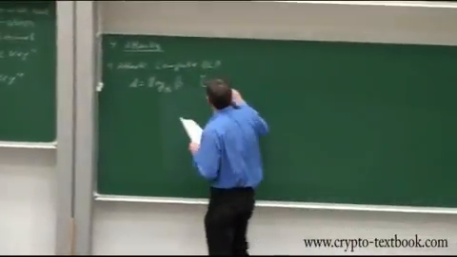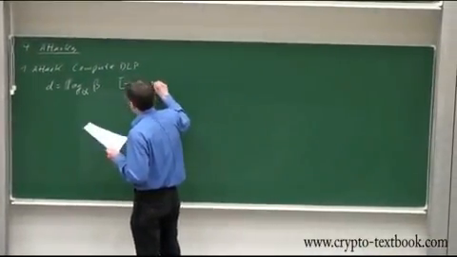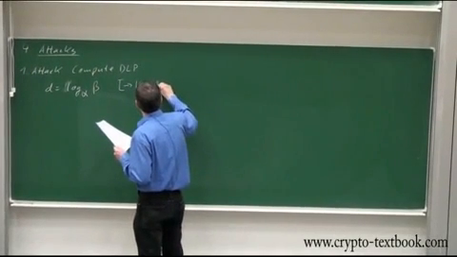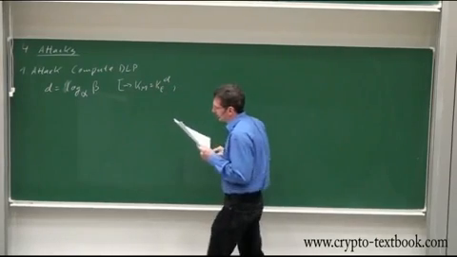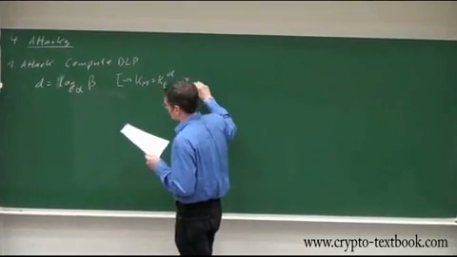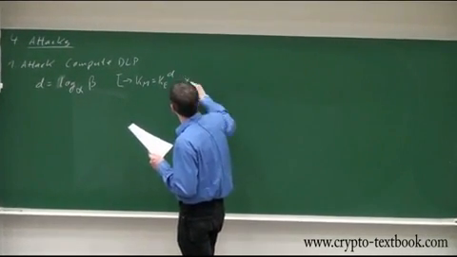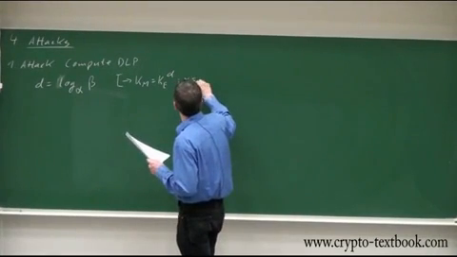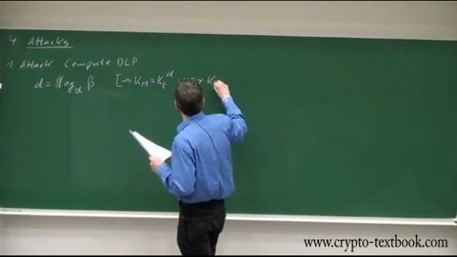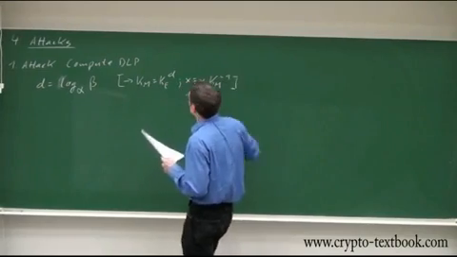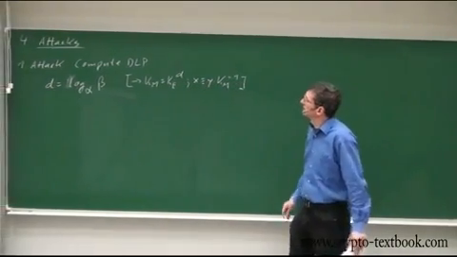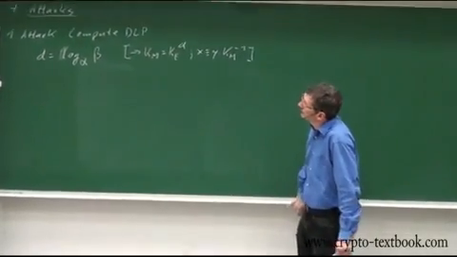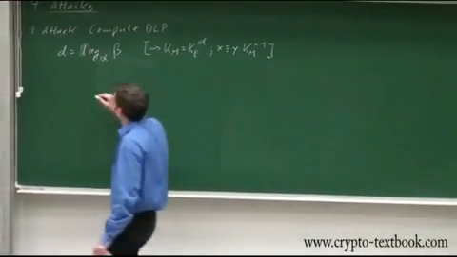So once he has that, he can compute the masking key, and then he can compute the plaintext. In this case, he is like Bob, right? He has Bob's private key.